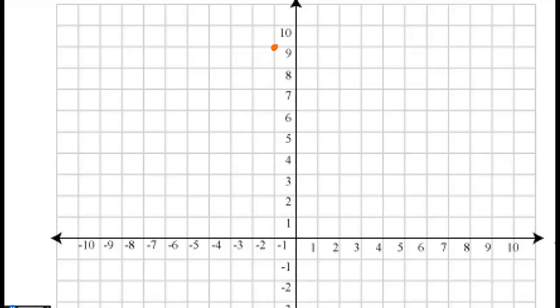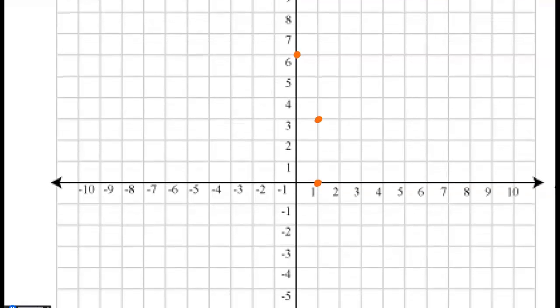Next, we have 0. So right when we're starting at that origin, x is 0, and then we're moving up to a y of 6. When we have an x of 1, we're moving up to a y of 3. When we have an x of 2, well, actually, we're not moving at all.